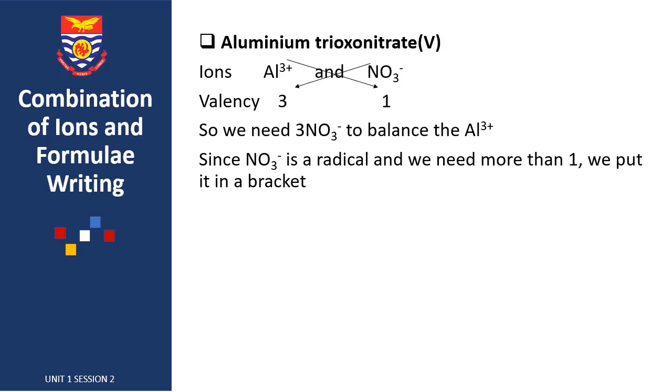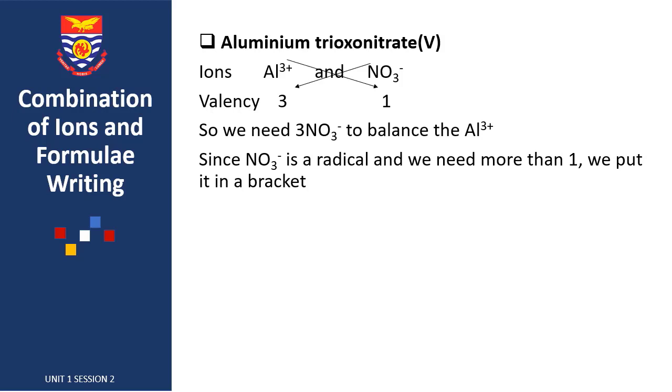So NO3 superscript -1. So we write their valencies, which is 3 and then 1. We give the valency of aluminium to that of the nitrates. We give that of nitrate to aluminium. This means that we are going to need 3 of the nitrate ions because each one will carry a charge of -1. So the 3 of them, we are going to have -3. And that of the aluminium, which carries a charge of +3, would now balance for us to get a neutral compound.